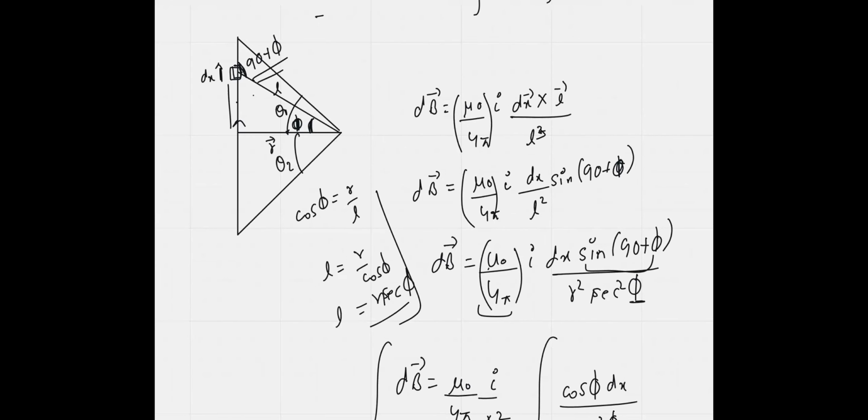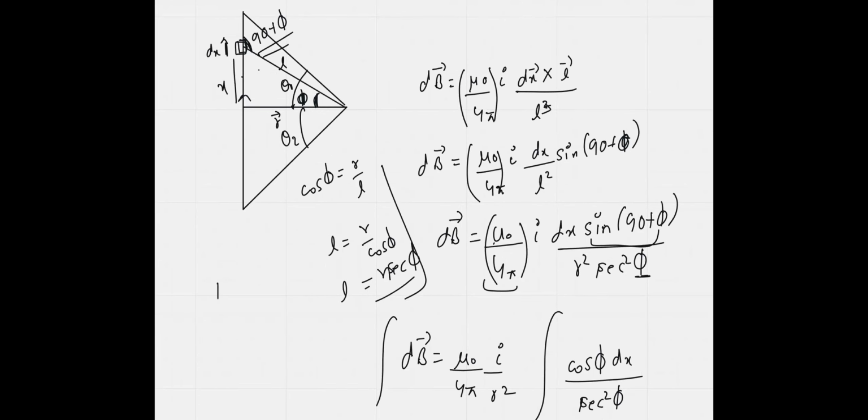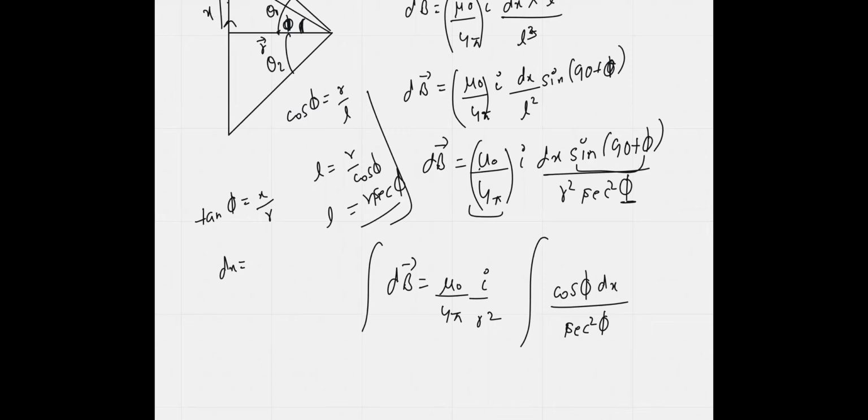I told you this is x, right? So tan of this phi is nothing but perpendicular upon base, that is x upon r. If you differentiate it, you get dx equals r times secant square phi d phi. Sorry, it should be d phi. So just put the value.